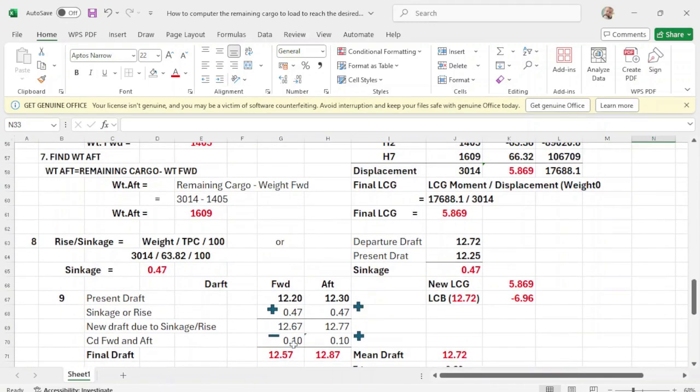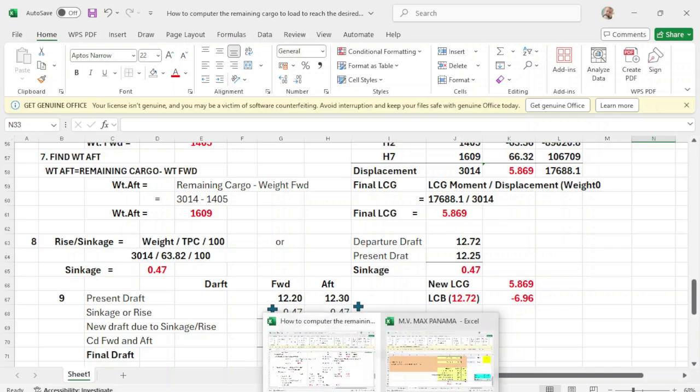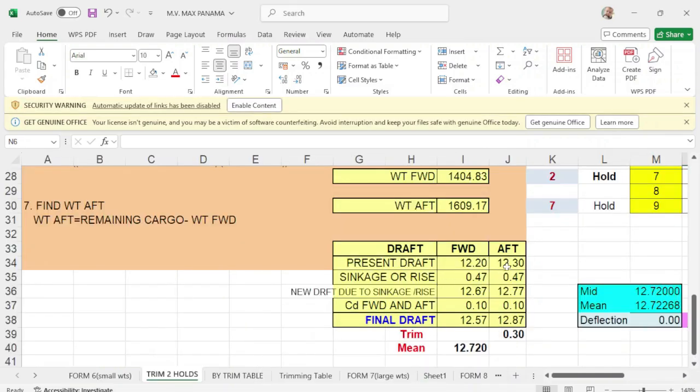Okay, so your initial drop forward is 12.20, up drop is 12.30. Okay, which is this one, and you put here the sinkage.